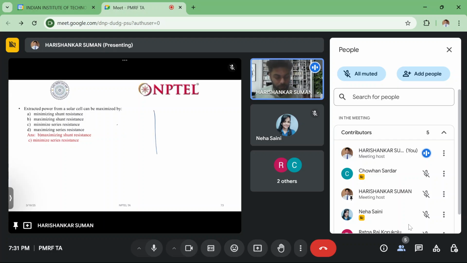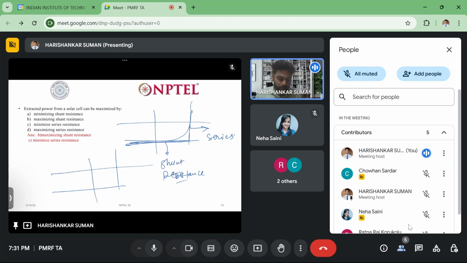You know the IV curve. This line gives the shunt resistance, and this side gives the series resistance. So the ideal curve should be rectangular, but it deviates.